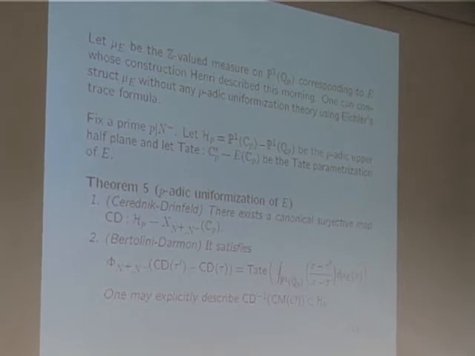If we look at φ_{N+N-} evaluated on the degree 0 divisor CD(τ') minus CD(τ), then this point on the elliptic curve is this multiplicative integral. You take this multiplicative integral, something in Cp star, then you apply the Tate uniformization, and you get the image of the actual modular uniformization.